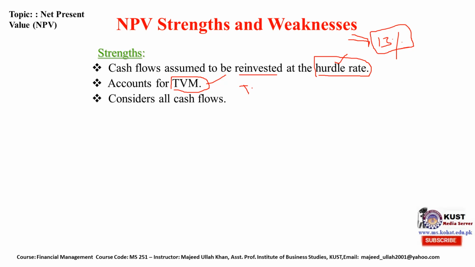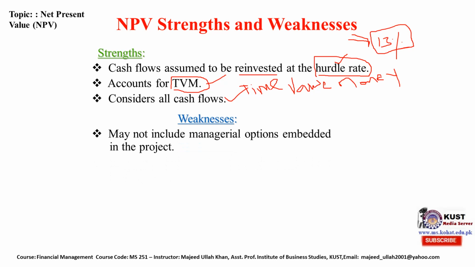The present value technique uses the time value of money in its calculation. It also considers all cash flow from the start till the end of the project. So these are strengths. What are the weaknesses?